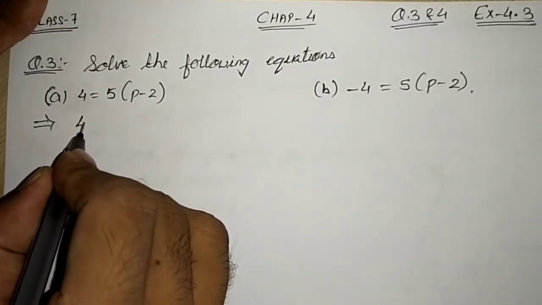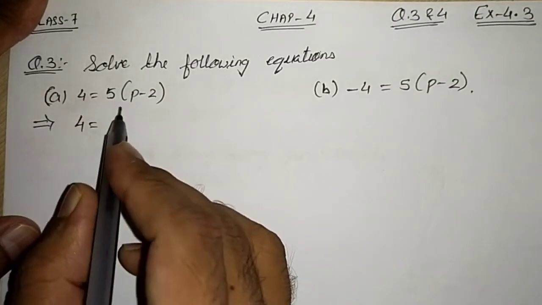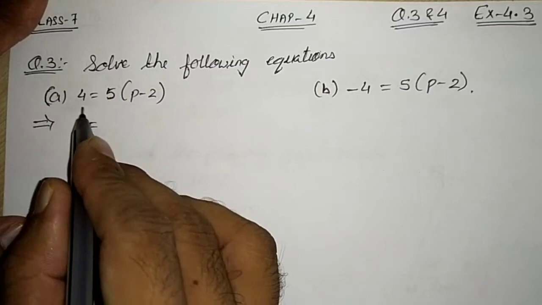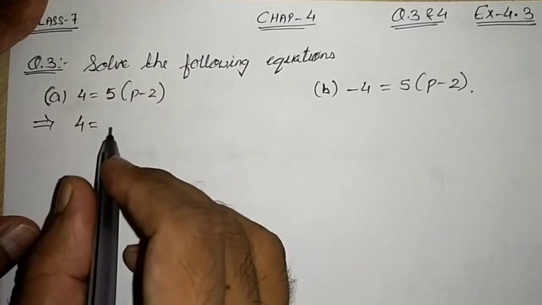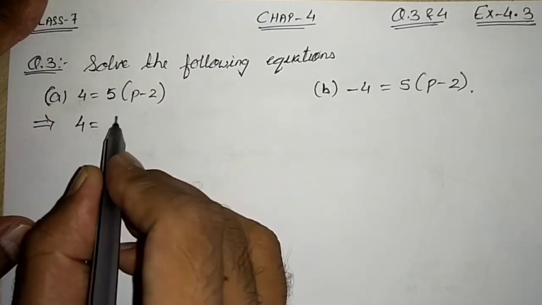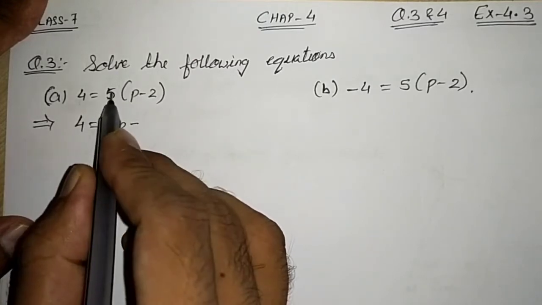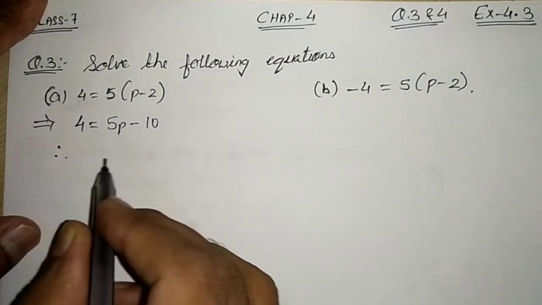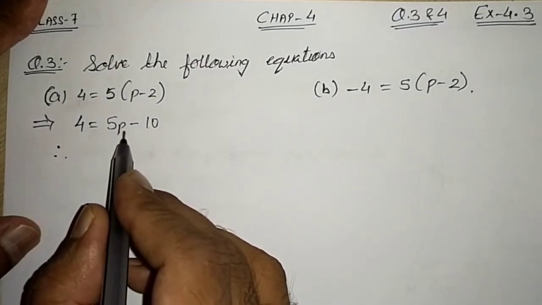Here first we will... this 5 which is in multiplication we can take to the other side, but I want you to solve the other way. Open the bracket, so we will get 5p minus 5 into 2, 10. Now keep 5p over here only.